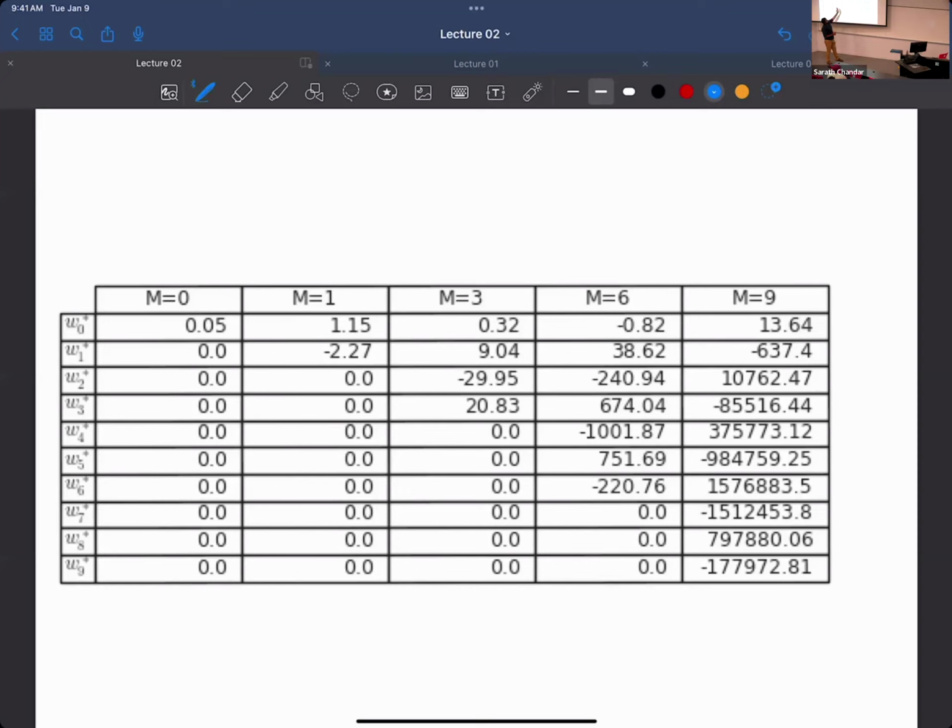As you can see here, as the degree grows, the parameters are getting bigger and bigger, right? This is happening because the model really wants to get 0 training error.